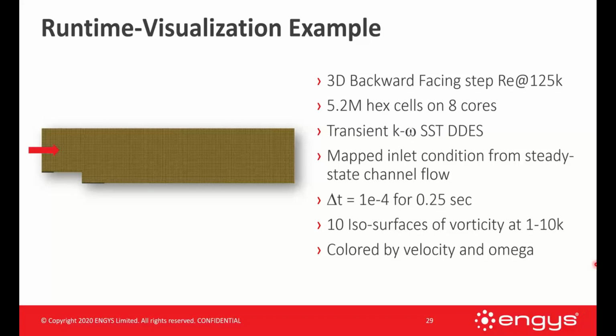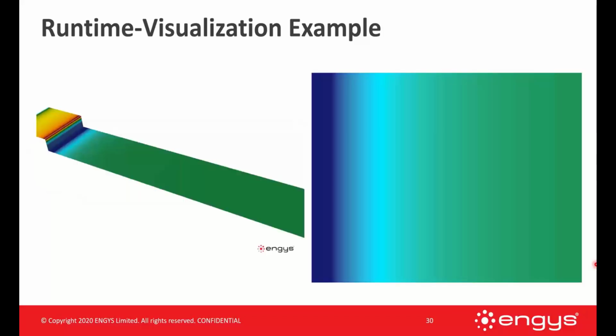So there was a channel. We averaged that velocity in the channel coming into this backward facing step. The delta T is 1e to the minus 4, and the total simulation time was around 0.25 seconds. In terms of imaging, I wanted to collect 10 isosurfaces of vorticity from 1 to 10,000, and then take those isosurfaces and color them by velocity and omega from the K omega SST.